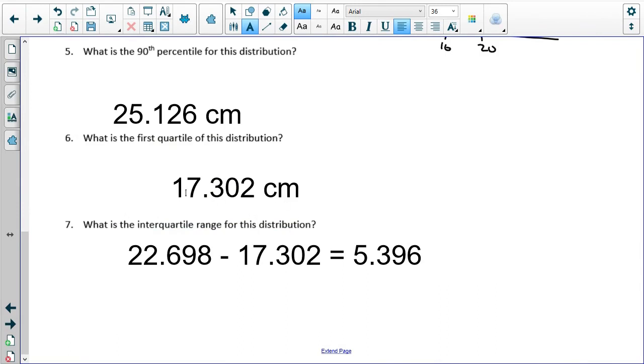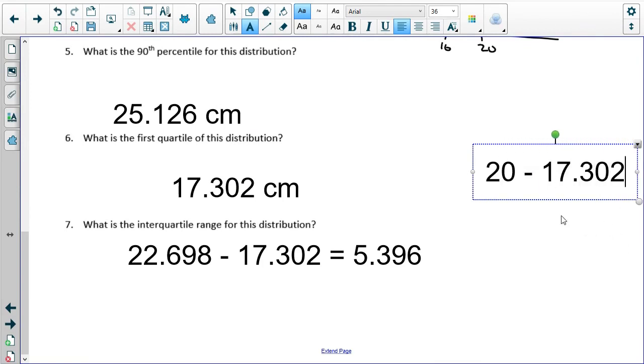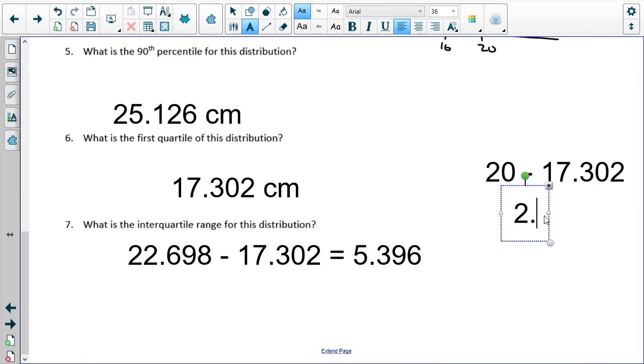I also could have figured this out because how far away is 17.3 from 20? So if I think about the symmetry of the graph, if I'm 20 minus 17.302, that gives me 2.698.